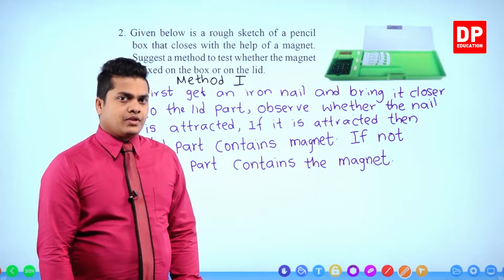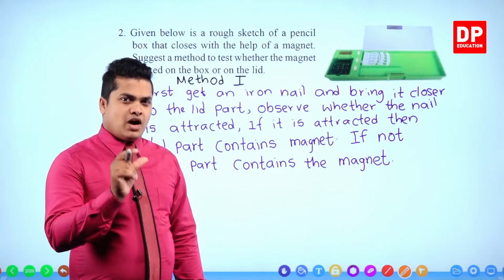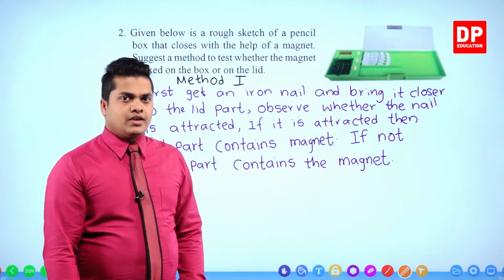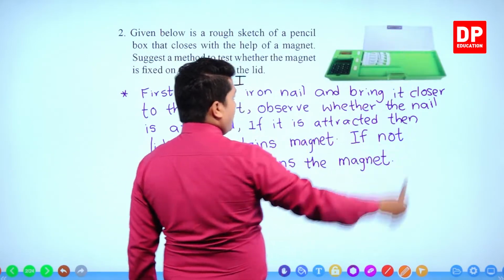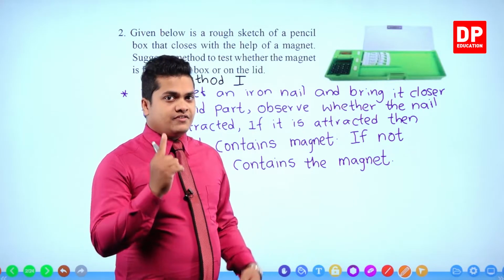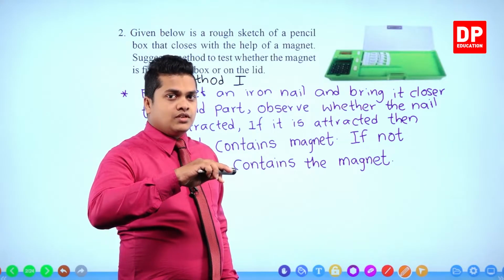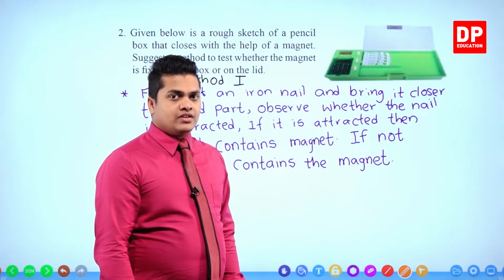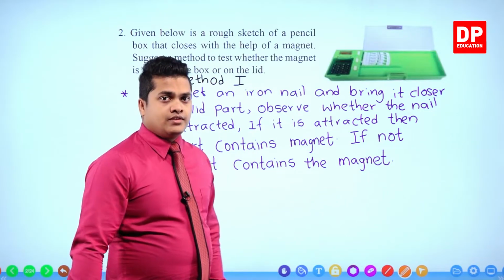You can use a simple magnet, a smaller bar magnet or any type of magnet, and bring that magnet near this lid part. Definitely that will attract in the first instance. Now you need to interchange the two terminals and bring it near the lid.